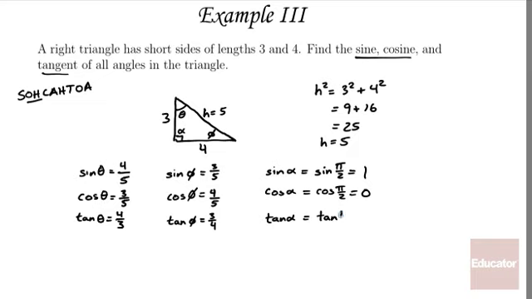is tangent of pi over 2, and we haven't really learned about tangent yet, and in particular we haven't learned what to do with the tangent of pi over 2, but we'll get to that in a later lecture and we'll learn that that's actually not defined. So we can't give a value to the tangent of pi over 2.